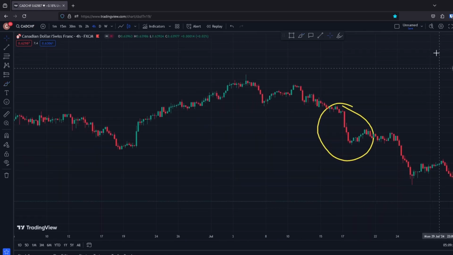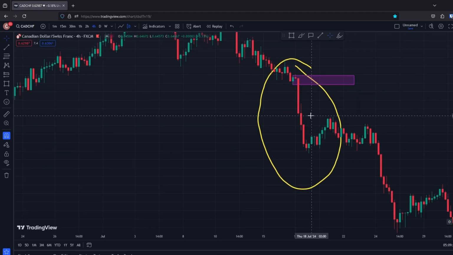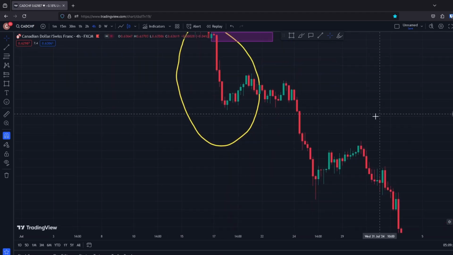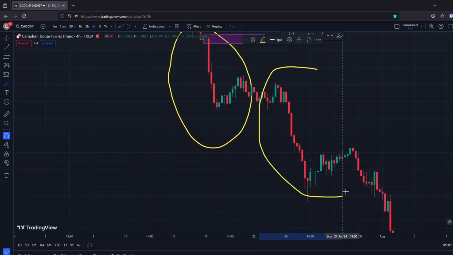The order block would actually be the last buy candle before the impulsive move to the downside. So this candle right here is the order block for this impulsive move. The impulsive move is to the downside, so this is the last buy before that impulsive move. Now let's look at this impulsive move right here.